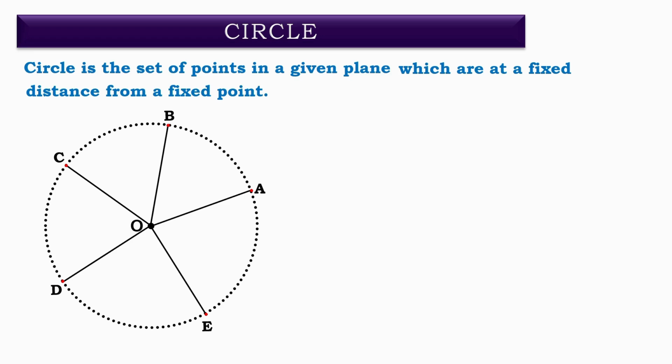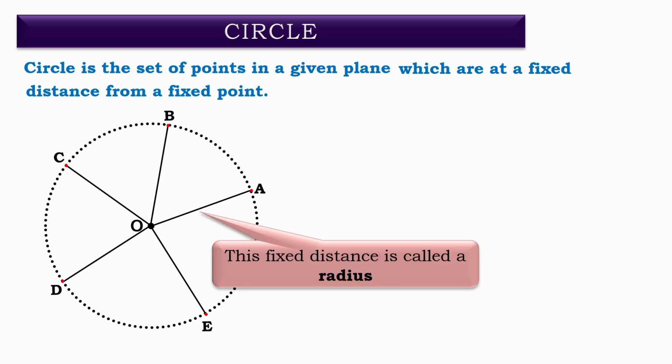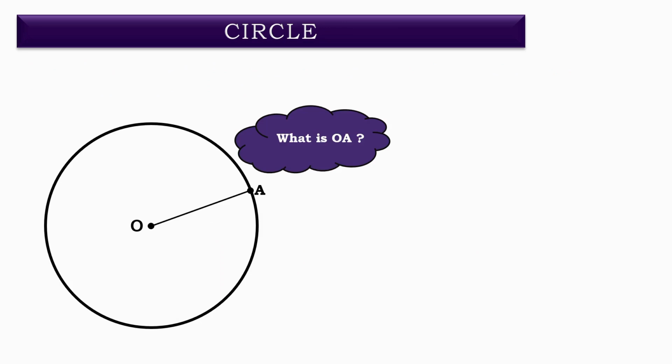So the circle is basically if we draw many points from a fixed point, and that should always be a fixed distance or equidistance. Then only we can call it a circle. This fixed distance is called the radius. Now in this case, what is OA? We already know this OA is the radius.